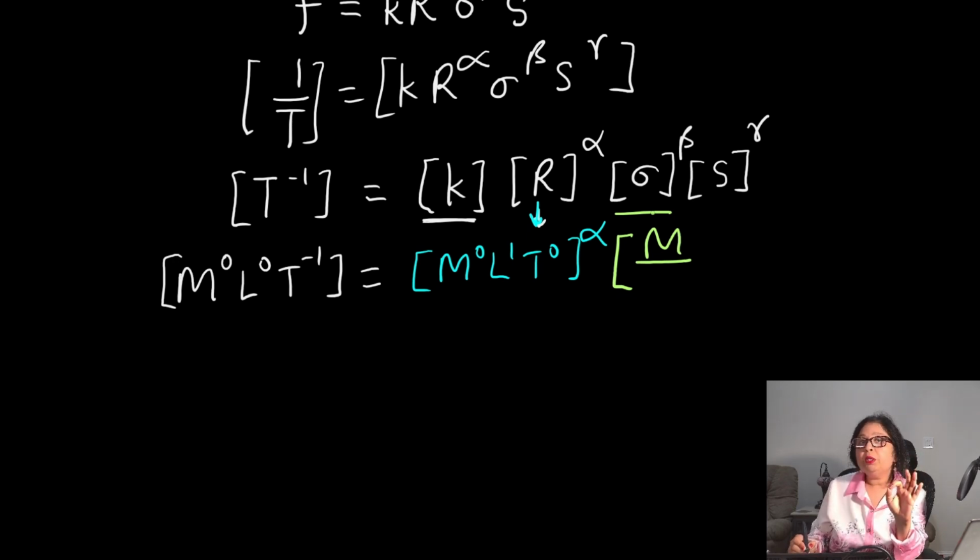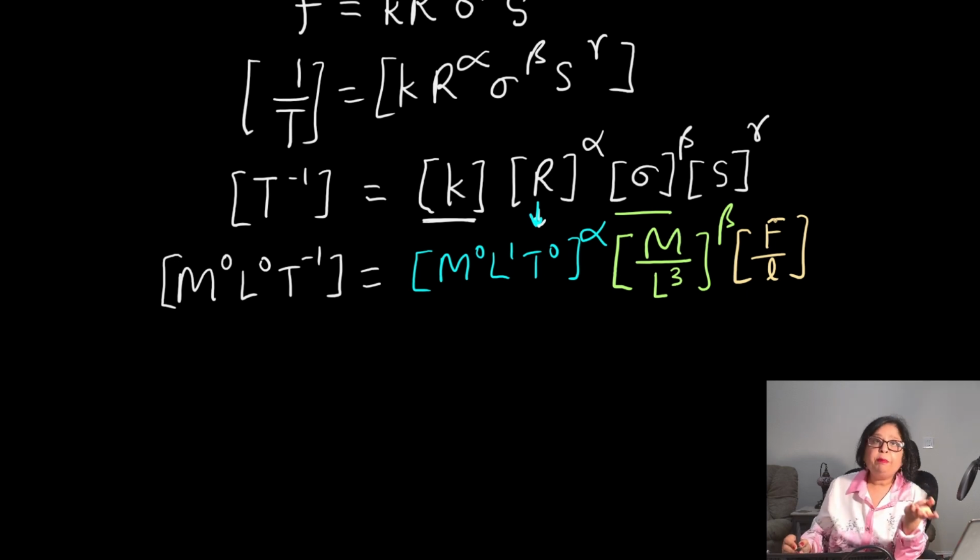Those are the dimensions of the volume, L cubed to the power beta. And the surface tension is basically force divided by length. It will have the same units as the force divided by length. It's not exactly force divided by length when you define it, but the dimensions are force divided by length. So that's why I'm writing this here, to the power gamma.